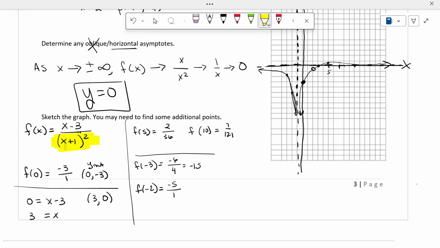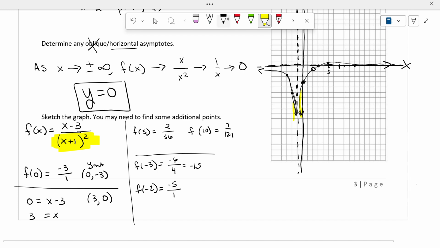We had multiplicity. If there's multiplicity that's even, you're going to approach that asymptote going to either infinity or negative infinity on both sides. If it's odd multiplicity, then it's going to be one of each, one infinity, one negative infinity. Which one is on which side, you have to do data points to find.